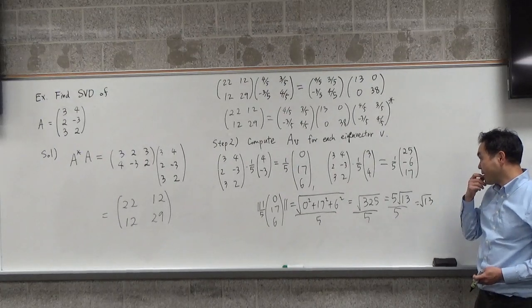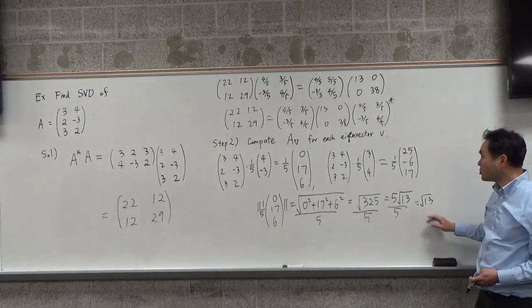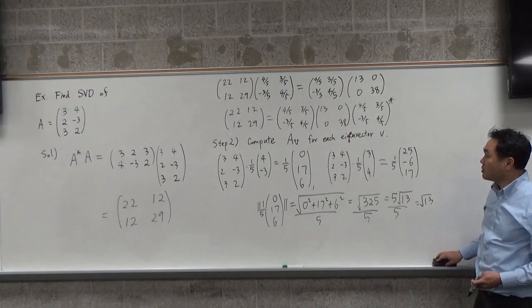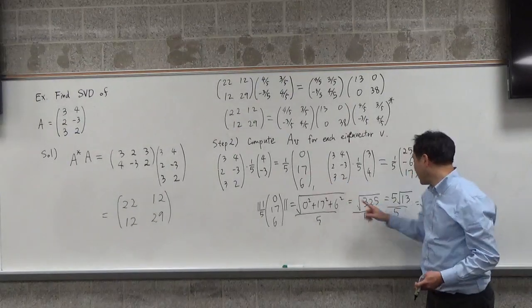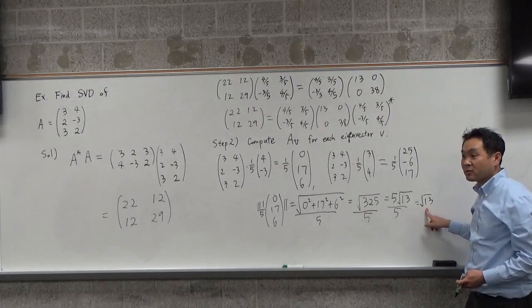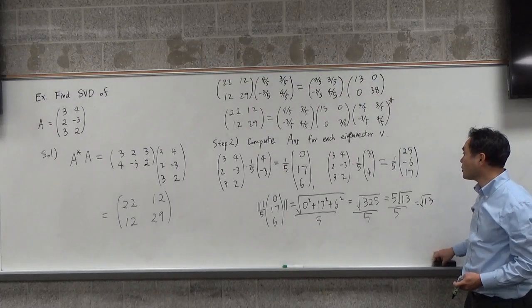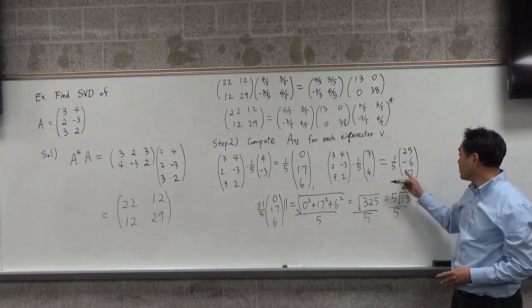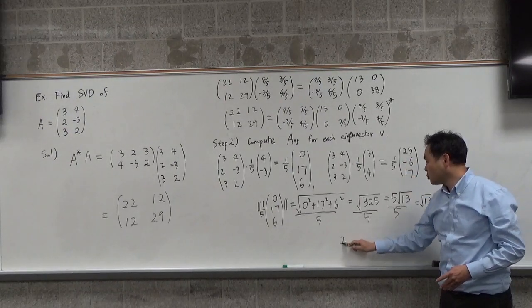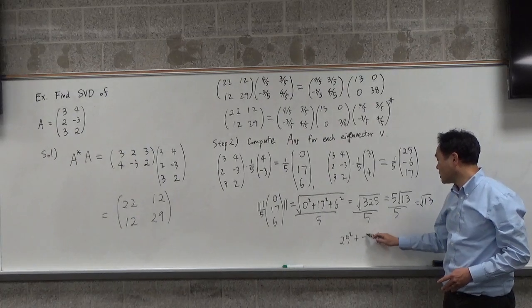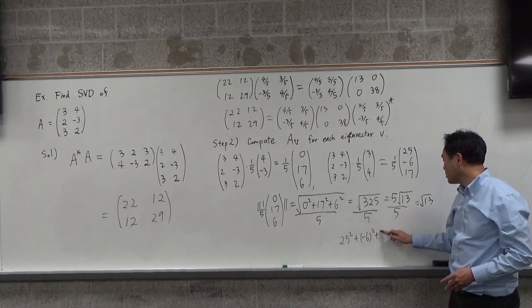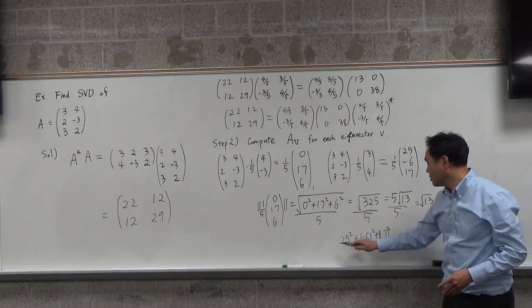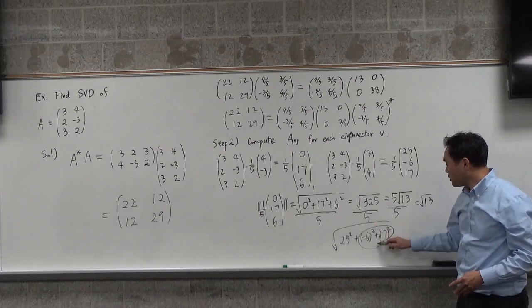Okay, so that would be the unit vector, right? Yeah. So once you divide this by this, you get a unit vector, right? Okay. And then you can do the same thing for the second one. For this one, if you do 25 squared plus negative 6 squared plus 17 squared, well, this we already know it's 325.